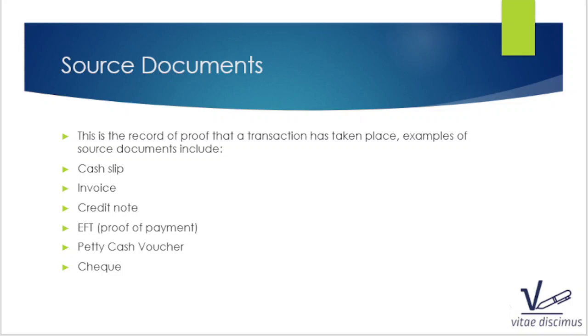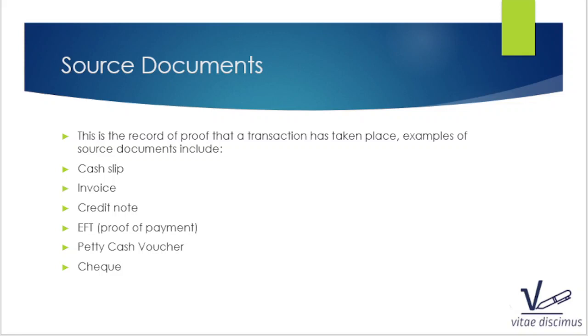When you look at cash slips, we are looking mainly at cash transactions whenever we are buying for cash or we are actually selling for cash. So if you go to the shop and you buy, be it milk, and you're given a till slip, that's a cash slip. If you are buying on credit, you get given an invoice.